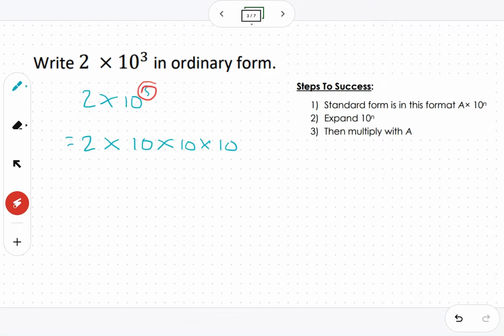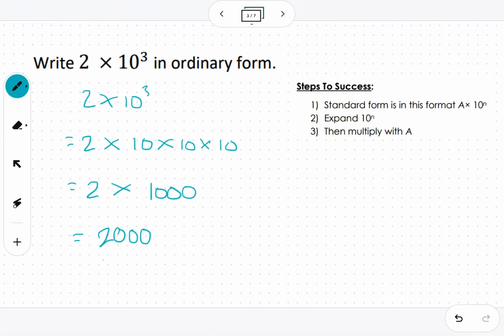Remember, power 3 means repeated multiplication of 10, 3 times. So now you have 2 times 1000, because there are 3 zeros, and 2 times 1000 is 2000. This is the final answer.